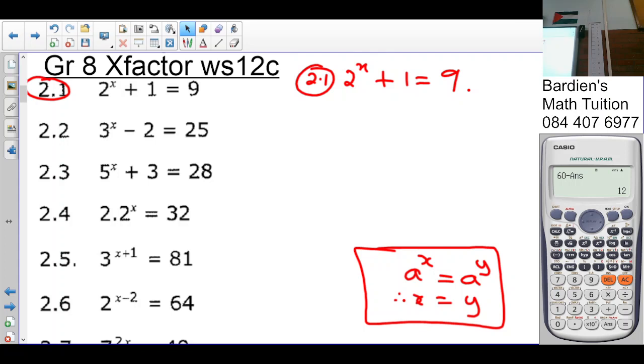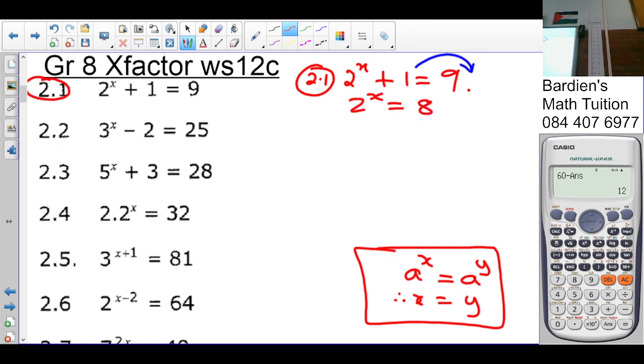How are we going to isolate the term of the x on its own? Take the 1 over. So what do we get? We get 2 to the x equals 9 minus 1, which is?